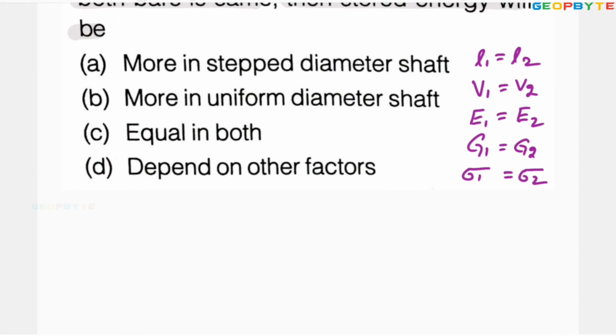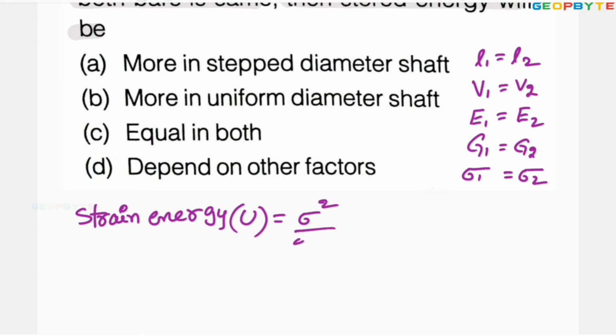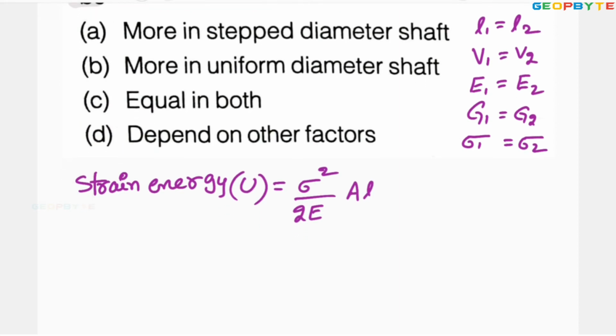You know, the energy stored within the elastic limit is called strain energy. That strain energy, denoted by U, equal to sigma square by 2E into AL. As we know, the product of area and length is called the volume. It can also be written as sigma square by 2E into volume.